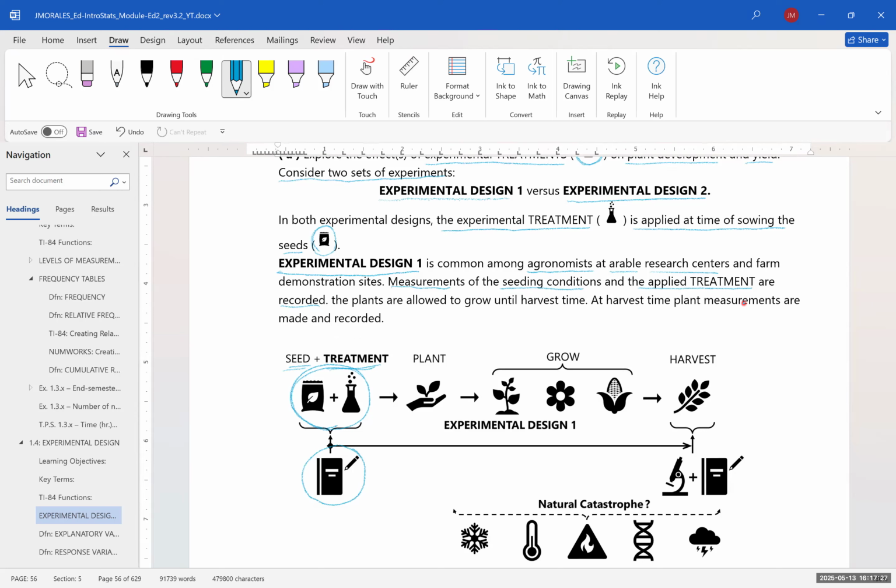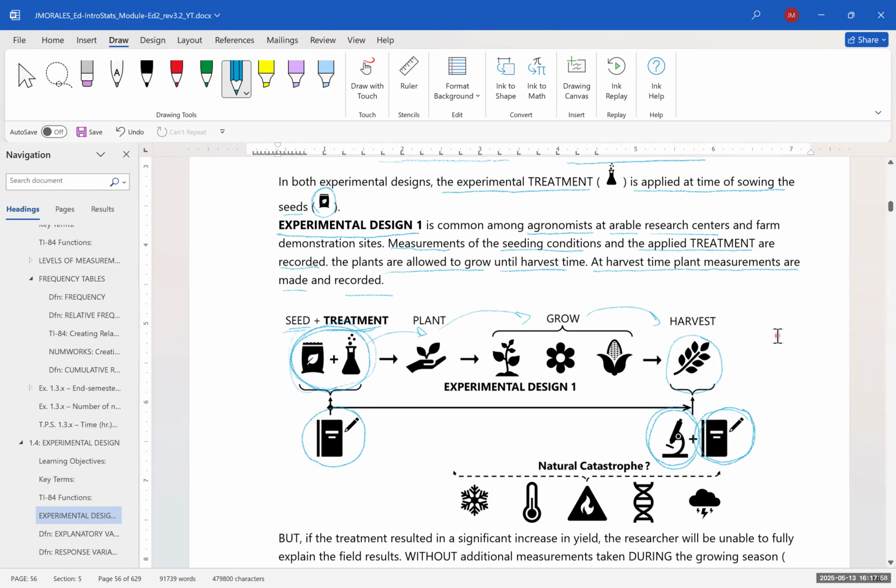So the plants are then allowed to grow until harvest time. So we take the seeds with the treatment, we plant them, we allow them to grow, and then they're harvested. And then at harvest time, plant measurements are made and recorded. So at harvest time, you record the data about the harvest, and you use tools and instruments to make those measurements that you want to record at harvest time.